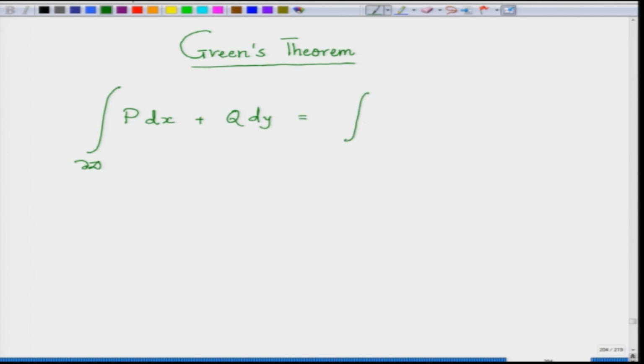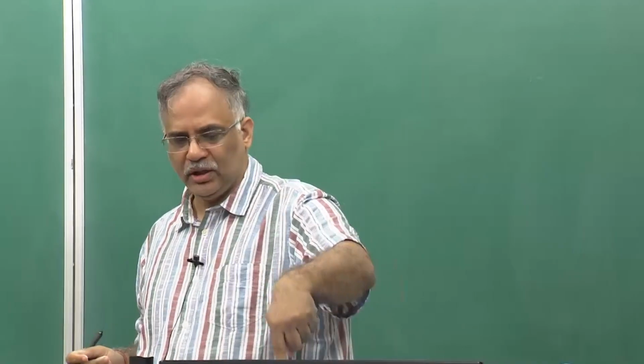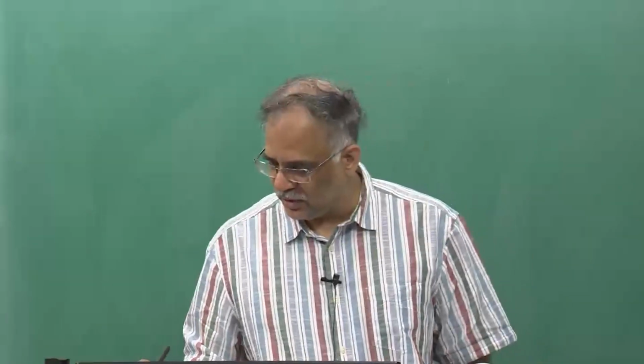This is the same as the surface integral over the domain D of del Q del x minus del P del y dx dy. Q is associated with y, but when you differentiate it here, it is with respect to x, and P is associated with x, but when you differentiate it here, it is with respect to y. So, this is the thing that you have to remember.